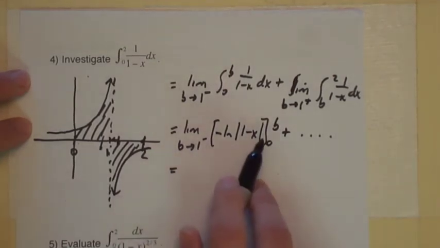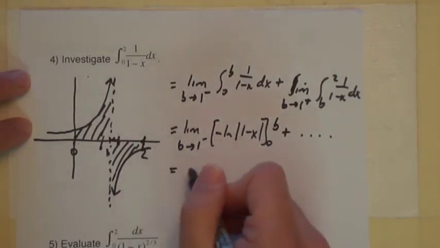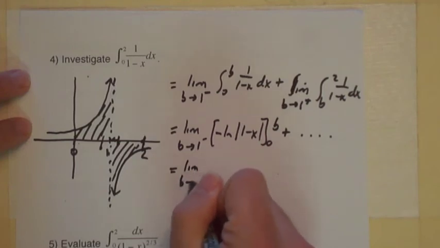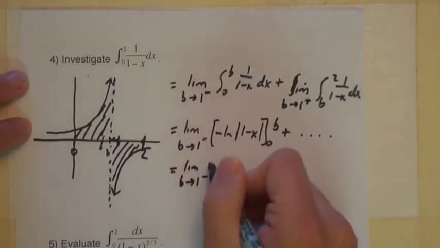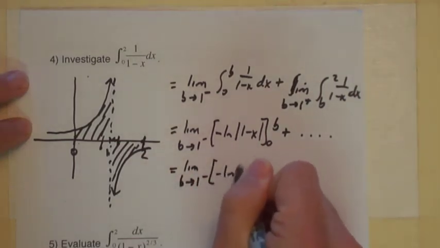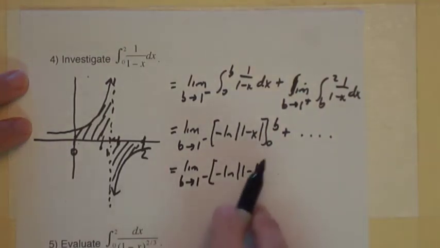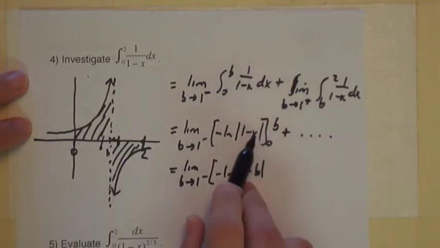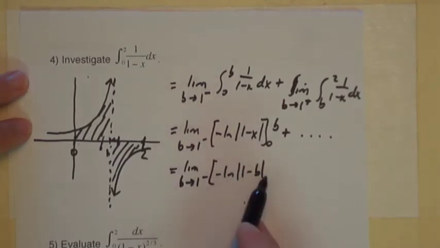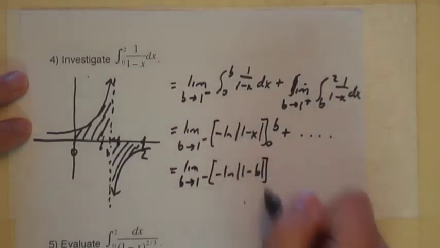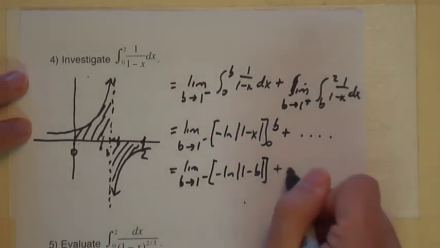And let's see, what happens here? Well, we get the limit as b goes to 1 from the left of the negative natural log 1 minus b, and then when you plug in the 0, you get natural log of 1, which is 0. So adding or subtracting 0 doesn't change this, so you just get this.